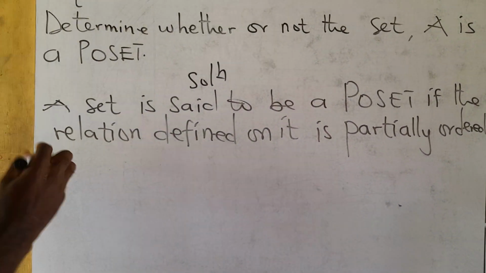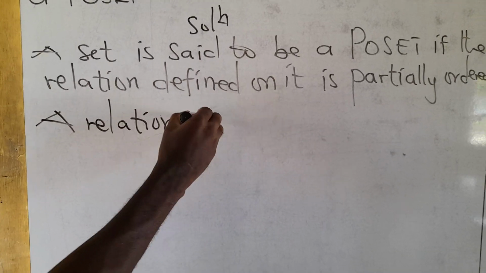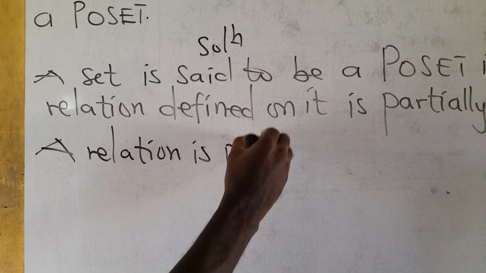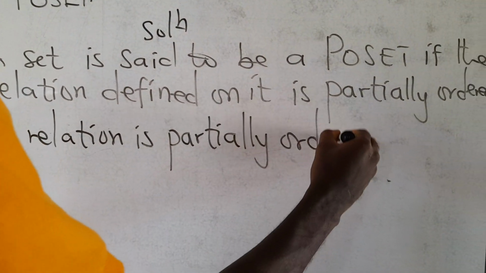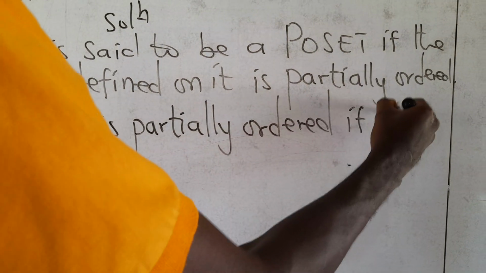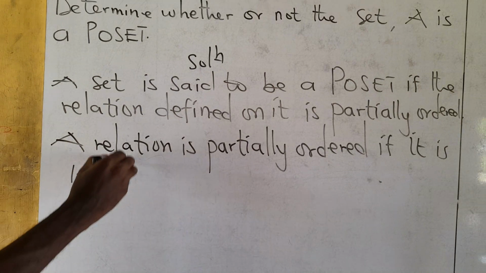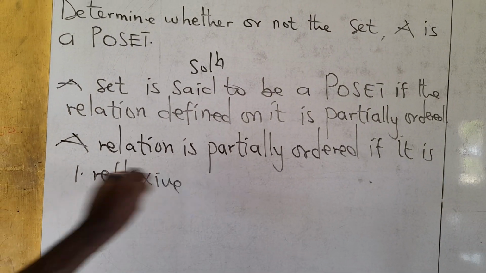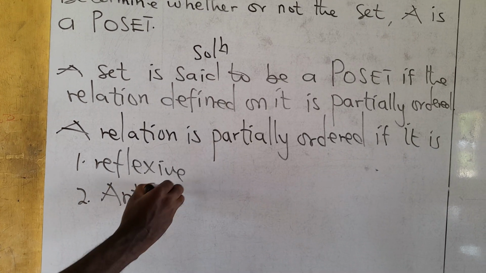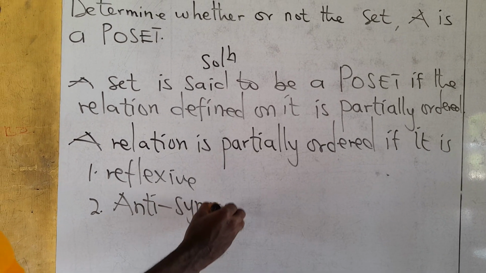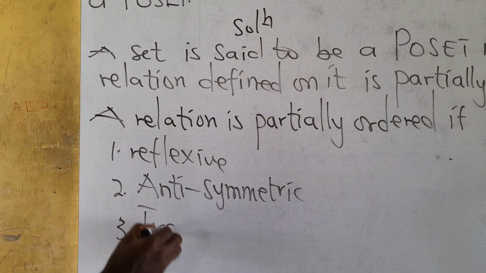Then we said that a relation is partially ordered if it is 1. reflexive, 2. antisymmetric, and 3. transitive.